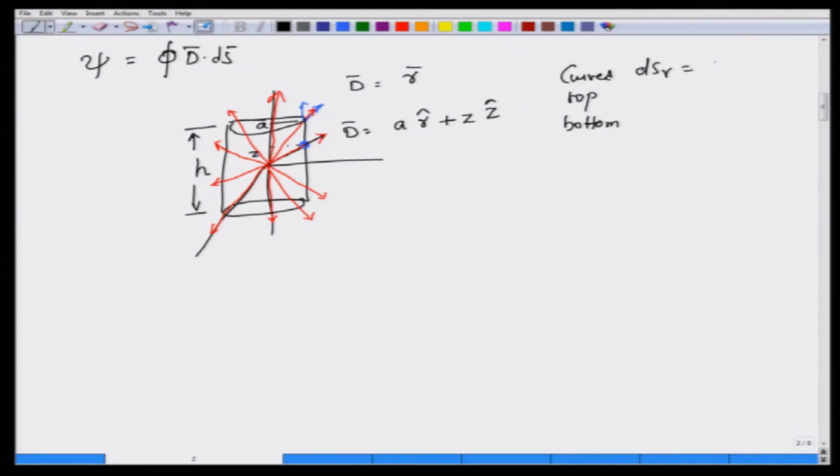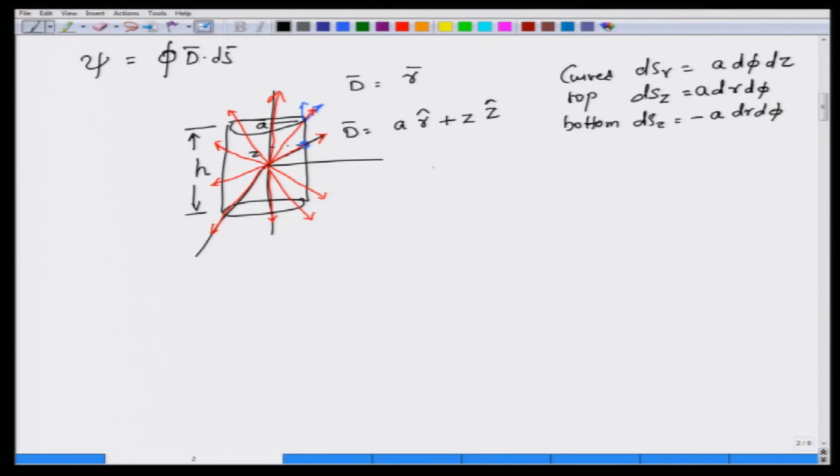So, ds r is equal to a d phi dz, because r is equal to a, the radius. On the top surface, the surface element is directed along the z axis, and that will be given by r dr d phi. At the bottom surface, the surface element would be directed along minus z direction, and that is given by minus r dr d phi, with appropriate integration limits that you need to consider.